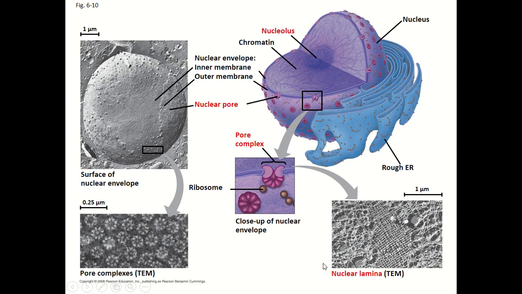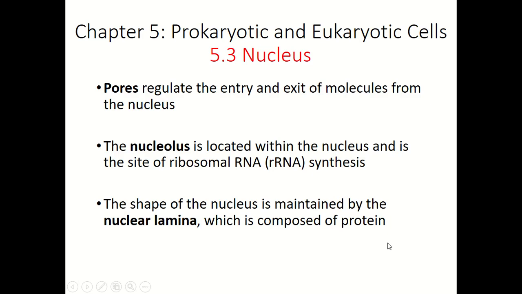And this is the nuclear lamina, the one that is located on the surface of the nuclear envelope. The nuclear pore functions to regulate the entry and also the exit of molecules from the nucleus.